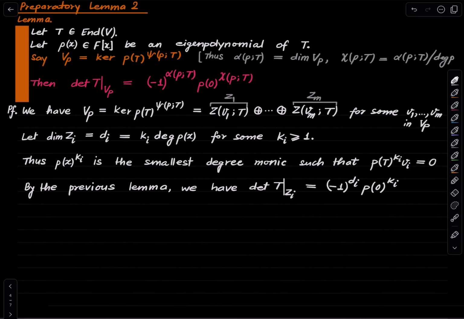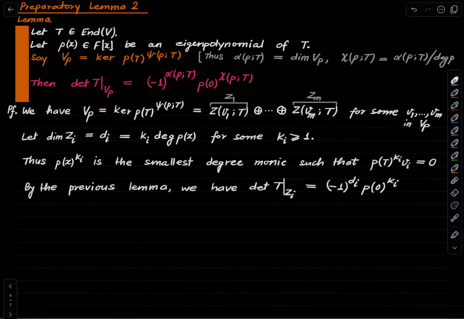And since Vp is this direct sum decomposition, each of them are T-invariant subspaces, the product of all these determinants is the determinant of T. This is in fact an exercise in today's problems.